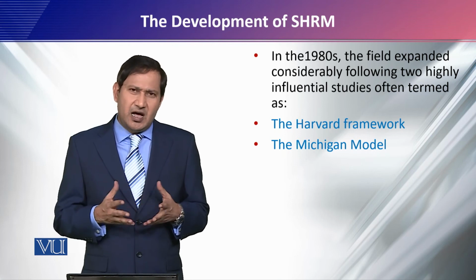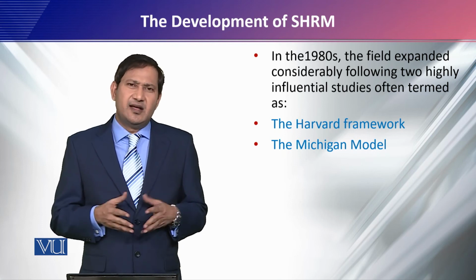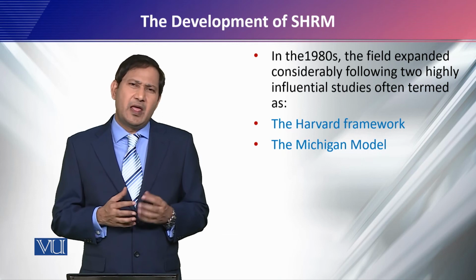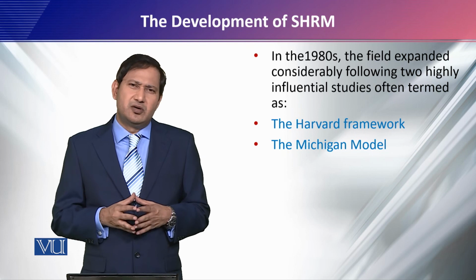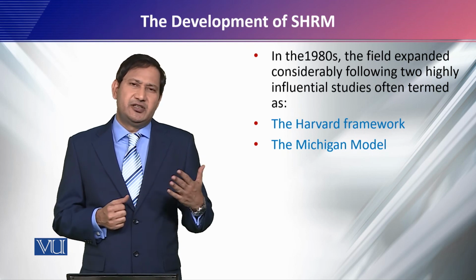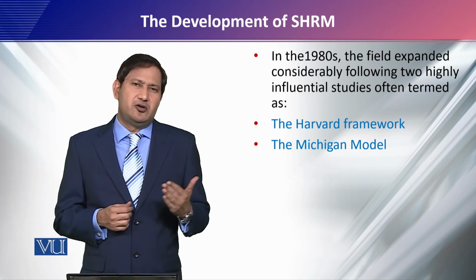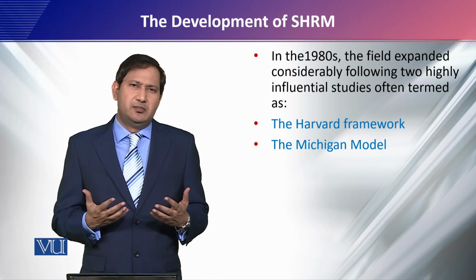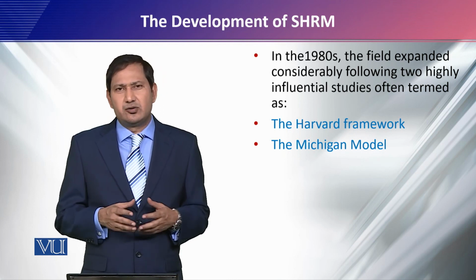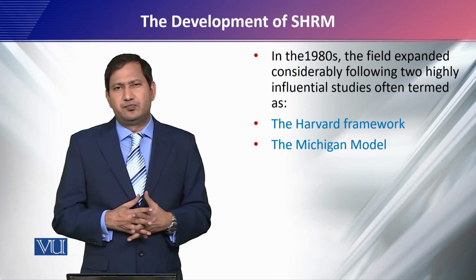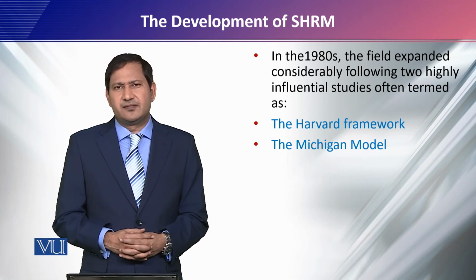One is known as the Harvard framework, and the second as the Michigan model. We will talk about the Harvard framework and the Michigan model of human resource management. They emerged out of research and out of understanding how to compete with these organizations.